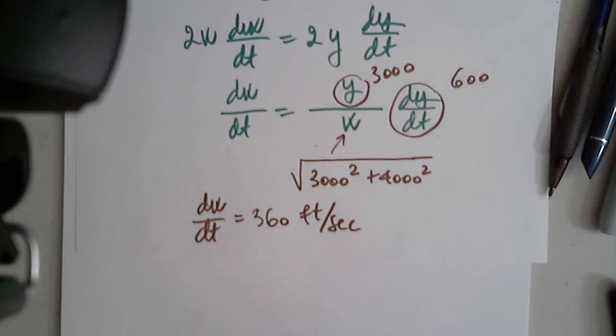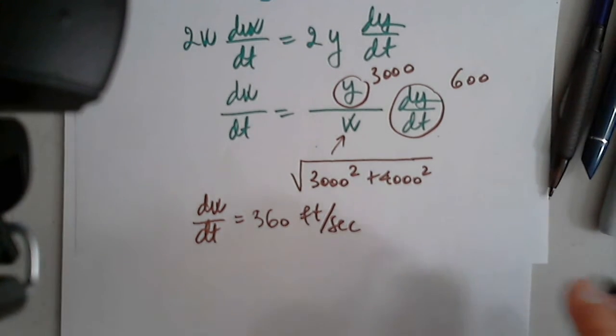Part B. If the television camera is always kept aimed at the rocket, how fast in radians per second is the camera angle of elevation changing at that moment? Okay, perfect.